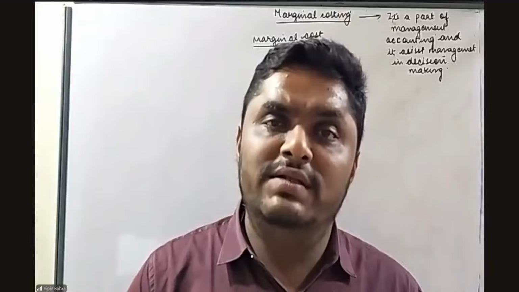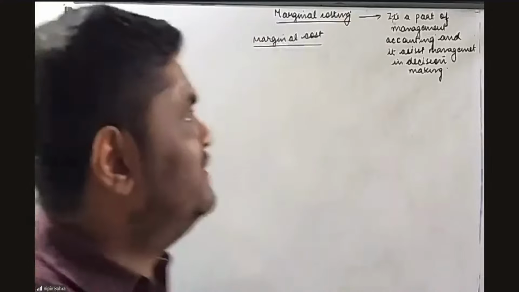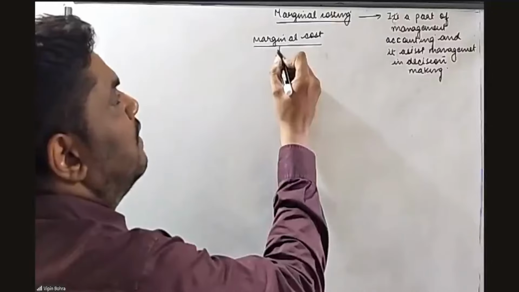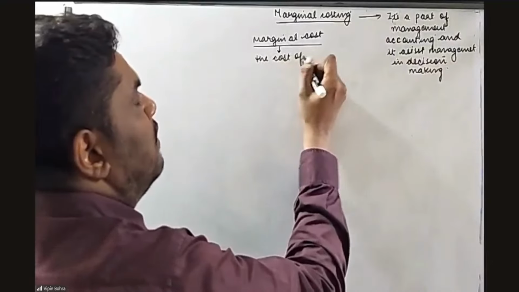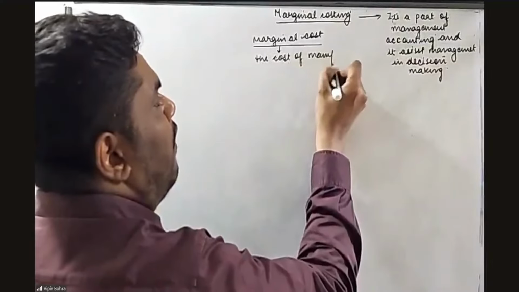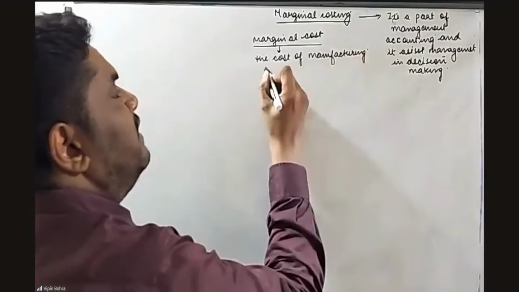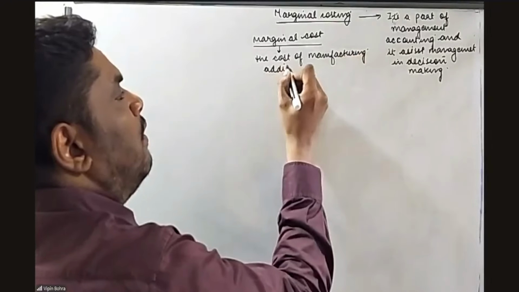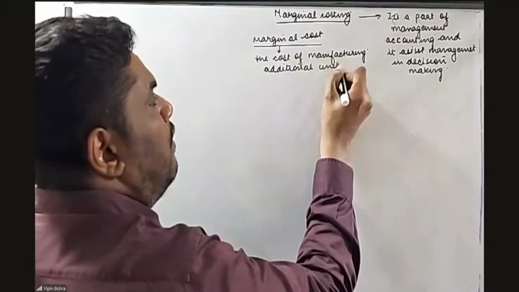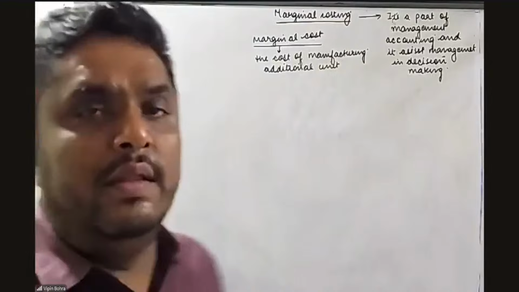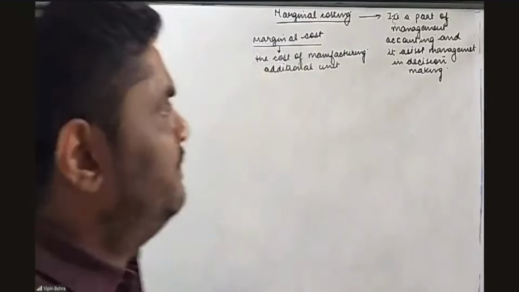When talking about marginal cost, it's the cost of manufacturing an additional unit. The cost of manufacturing an additional unit is what we call marginal cost.